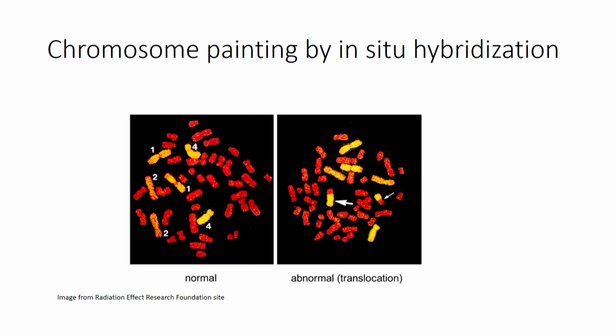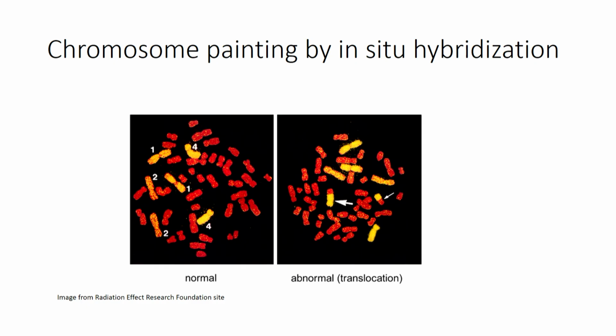So you can see some of the chromosomes are red, some of the chromosomes are yellow, and this is because of hybridization with more than one kind of probe on the DNA, on the chromosome, and they can be seen.